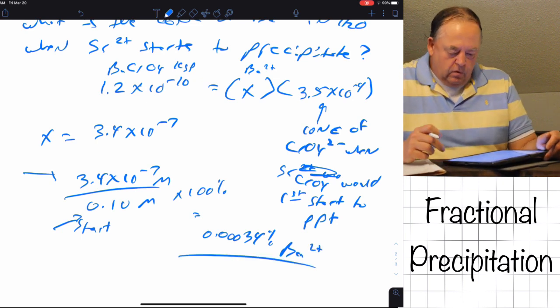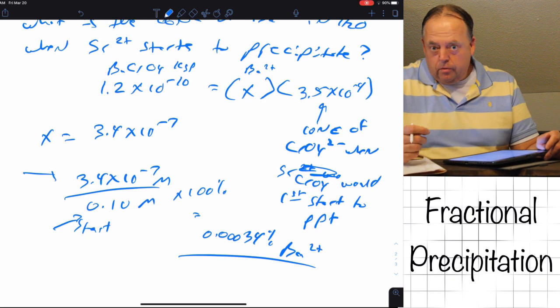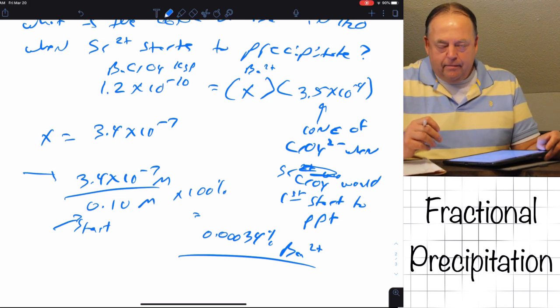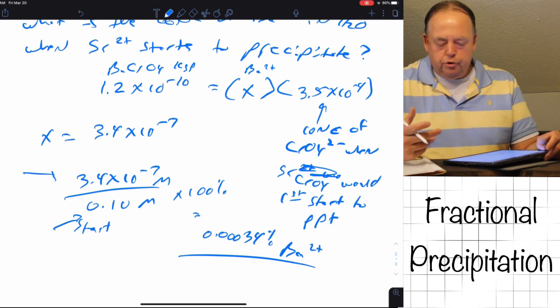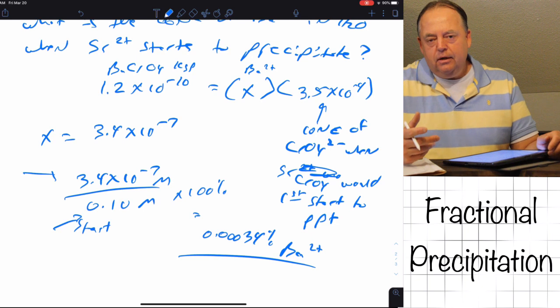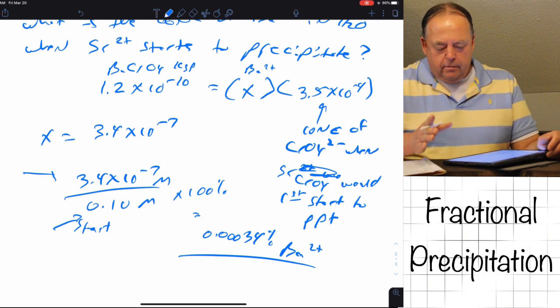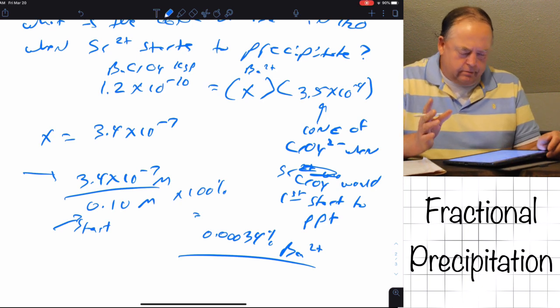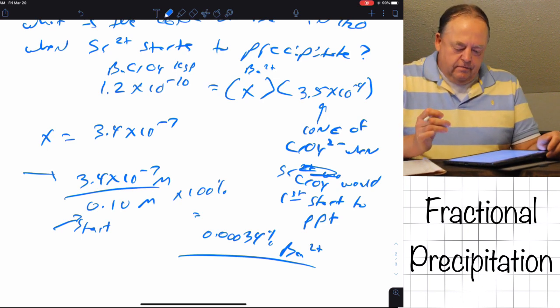So when the very first strontium chromate starts to precipitate, the concentration of barium at that point would only be 0.00034% remaining in solution. So long as you filtered off the barium chromate before that point, you now have pure barium chromate. I keep saying barium sulfate, but I mean chromate.